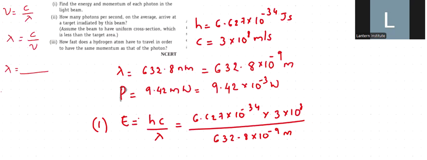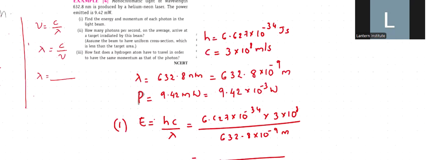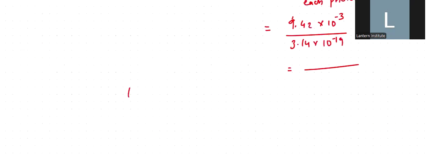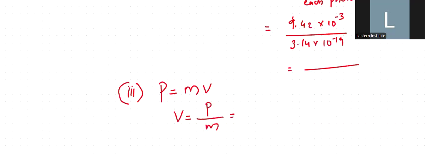There is an equation connecting momentum and velocity, P is equal to mv. From this equation, V is equal to P divided by m. P is the momentum, whose value you will find, divided by the mass of the particle.